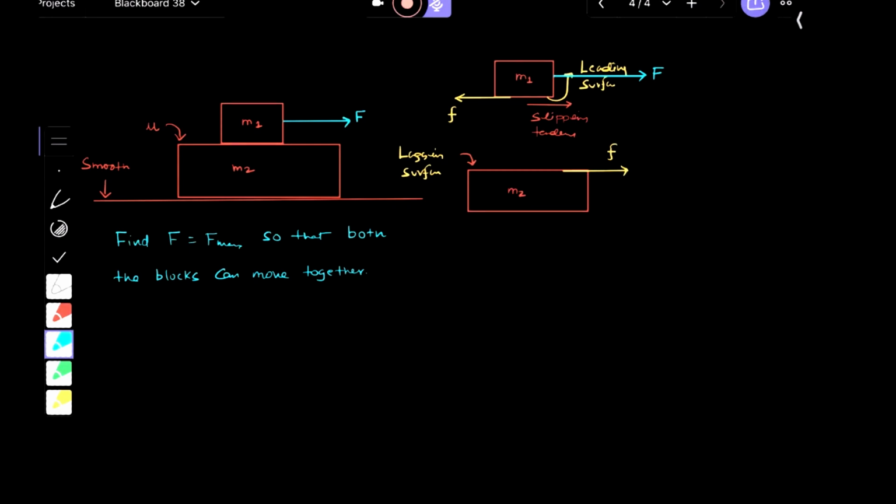But if at all M2 also moves along with M1 with the same velocity, then there will be no relative motion, then there will be no slipping. And M1 can't be stopped, so I can make M2 be dragged along with M1, always with the same velocity. Understood? So we are trying to prevent relative motion. We're not trying to prevent motion, no.